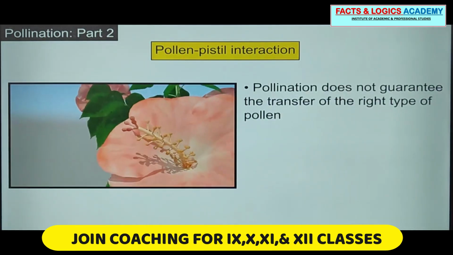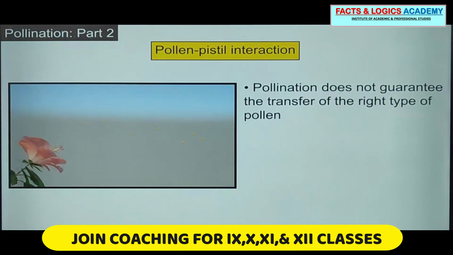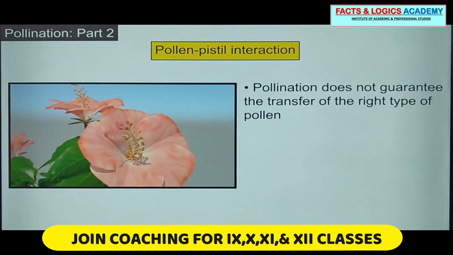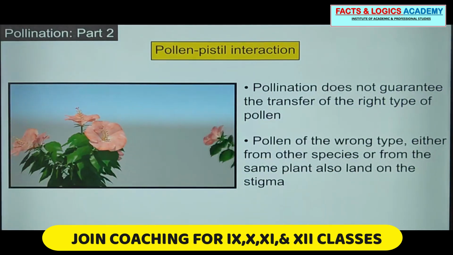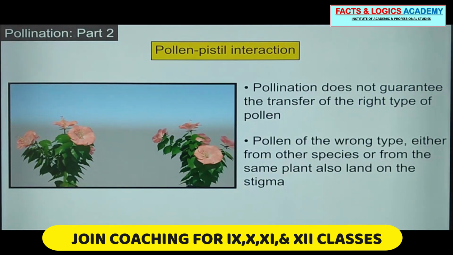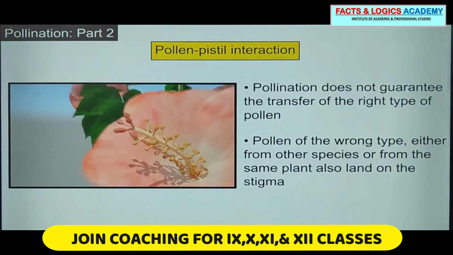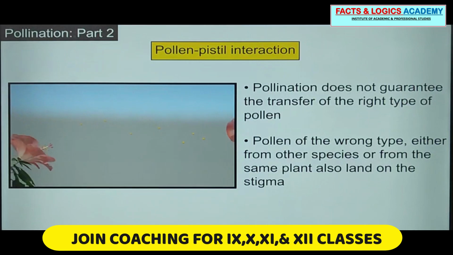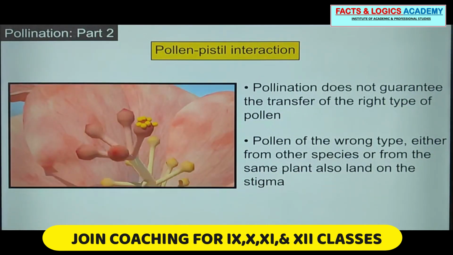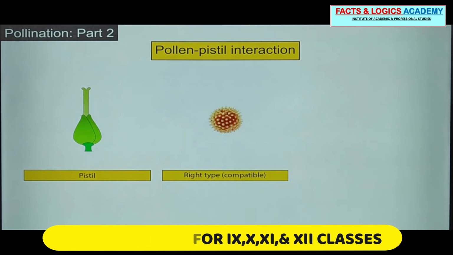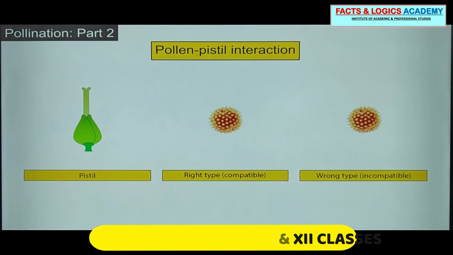Pollination does not guarantee the transfer of the right type of pollen, compatible pollen of the same species as the stigma. Often, pollen of the wrong type, either from other species or from the same plant, if it is self-incompatible, also land on the stigma. The pistil has the ability to recognize the pollen, whether it is of the right type, compatible, or of the wrong type, incompatible.